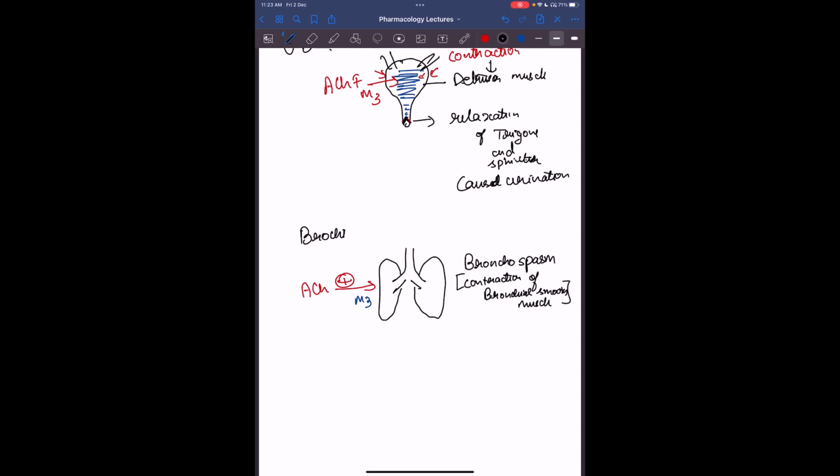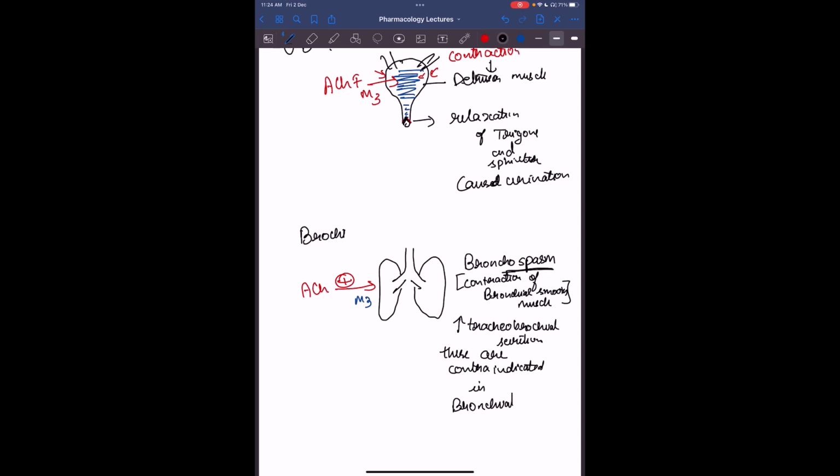Whenever there is contraction of bronchial smooth muscle, it causes an increase in tracheobronchial secretion. Therefore, these acetylcholine-like drugs are contraindicated in bronchial asthma, because in bronchial asthma there's already bronchospasm.